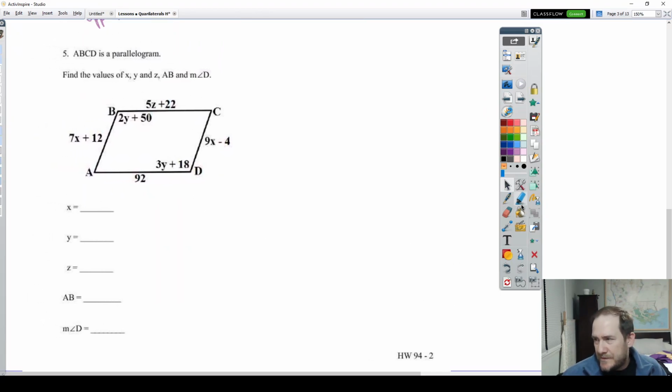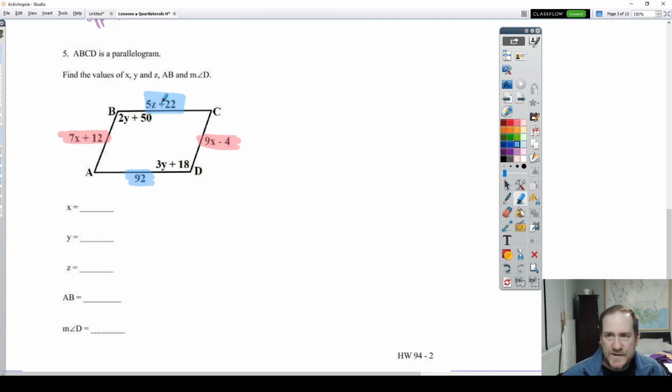So number 5 has us solving for a bunch of stuff, but I think we can see that we've got an x term here, and then the opposite side is another x term. So to solve for x, we're going to set those two expressions equal to each other and solve. We can see for z, we've got another side that's in terms of z, and then opposite from that, we've got a 92.